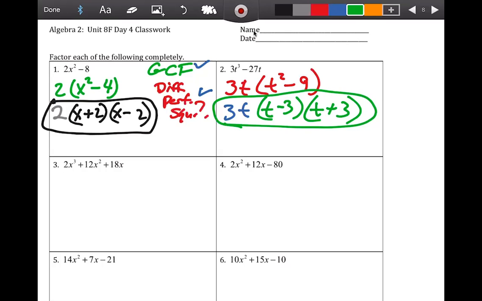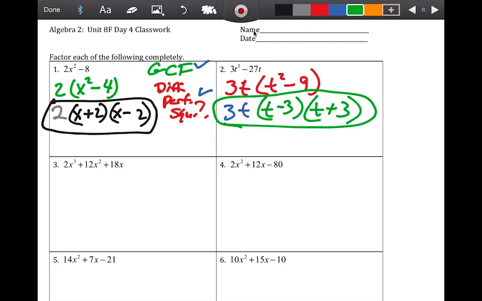If you do a GCF, then you still ask, in the parentheses, is there a GCF? If there is, that means your first GCF wasn't the greatest common factor. But either way, you get down until you see a difference of perfect squares and you go a plus b, a minus b, or in this case, t plus 3, t minus 3.